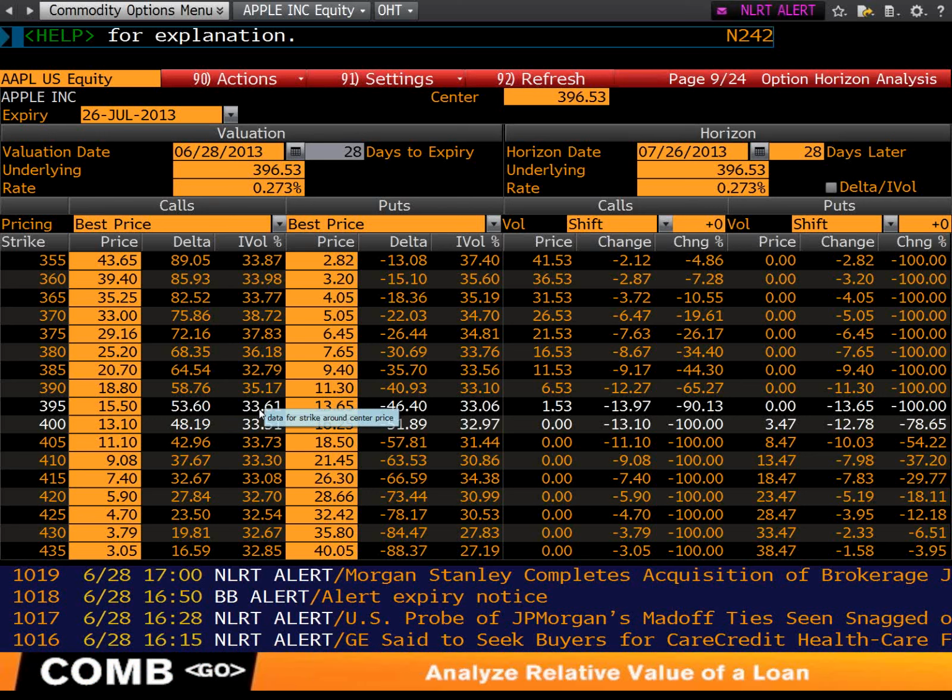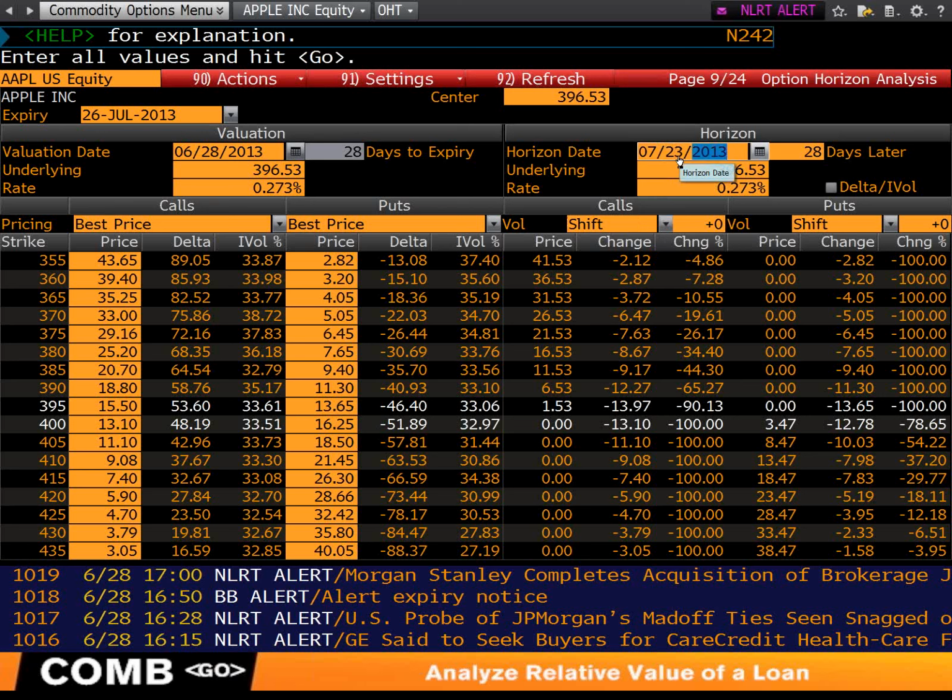33.6% implied volatility. Now, let's say that we're getting closer and closer to the earnings, and the volatility explodes, just like it did the last time.